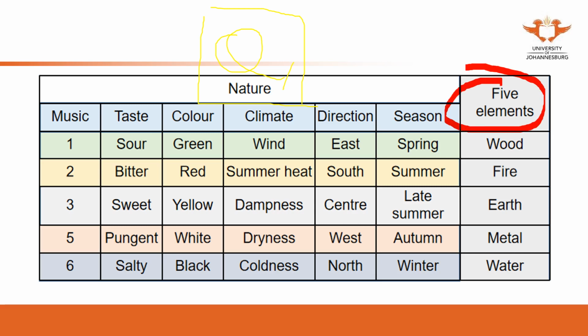We need to talk more specifically about how the spleen relates to late summer, how the spleen relates to the yellow color, why yellow-colored food can tonify the spleen. What's the reason behind these phenomena? That's the responsibility of the five elements.